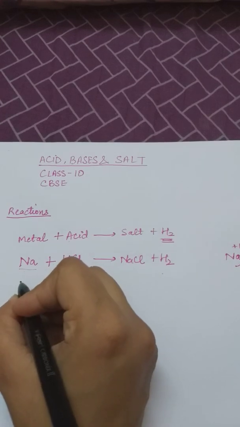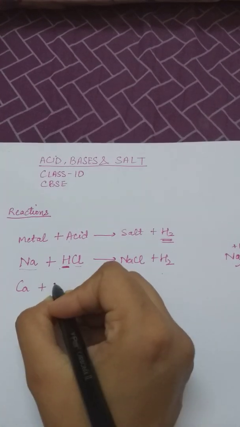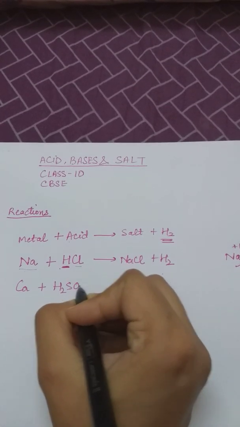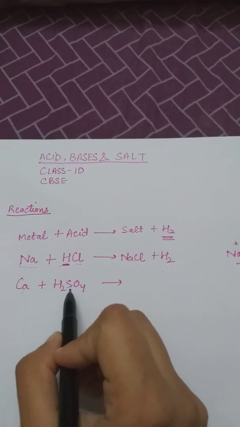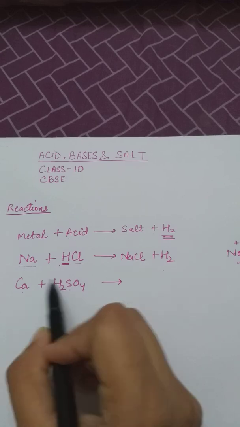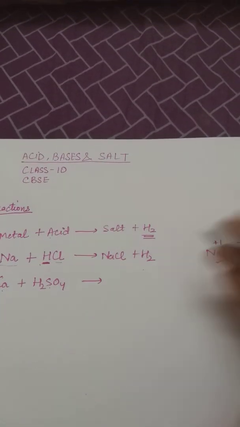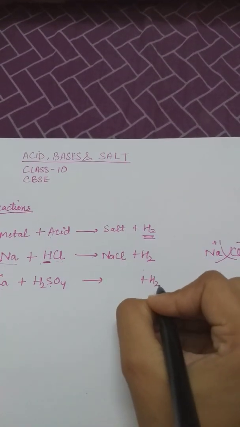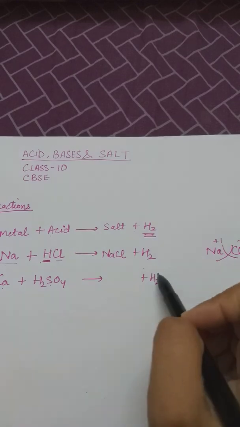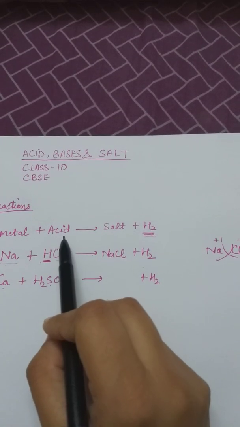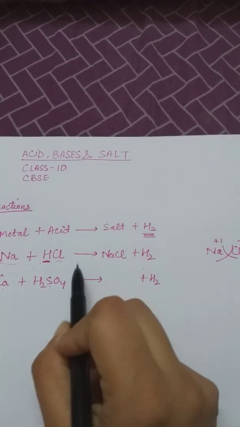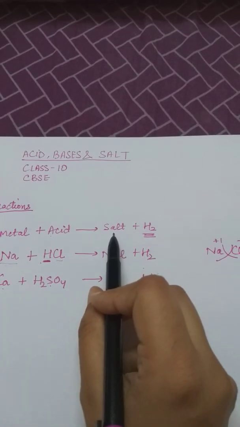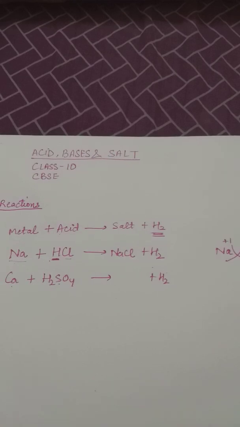Let me take one more example. Say calcium plus H2SO4. You can see a metal is reacting with an acid, H2SO4 is an acid. So first of all, I will directly write hydrogen gas because I know hydrogen would be evolved when a metal reacts with an acid. Now how to write the salt?